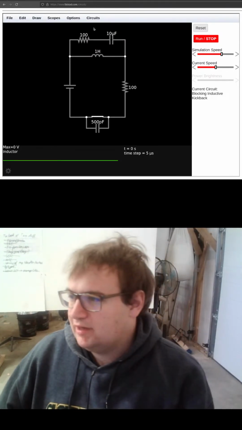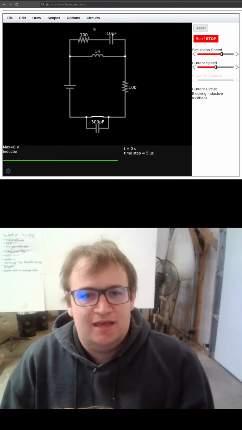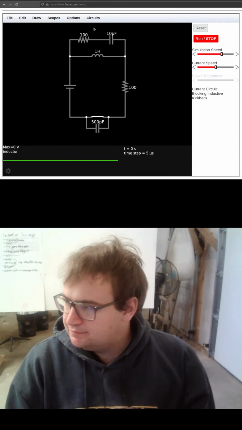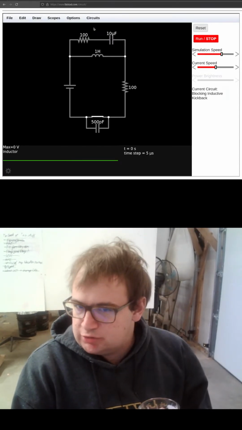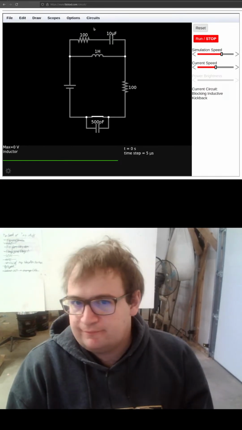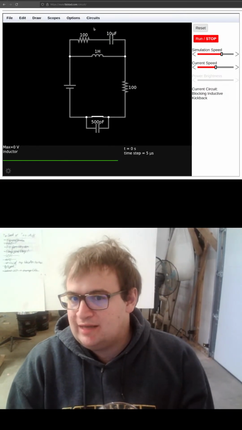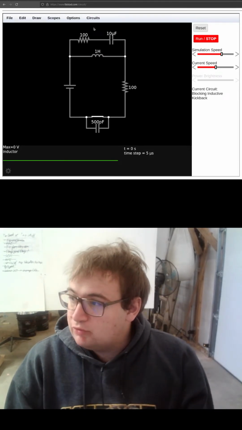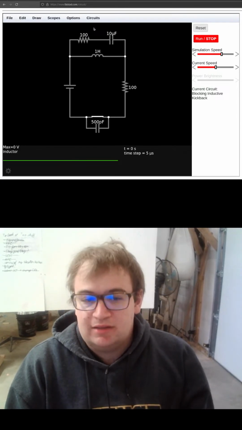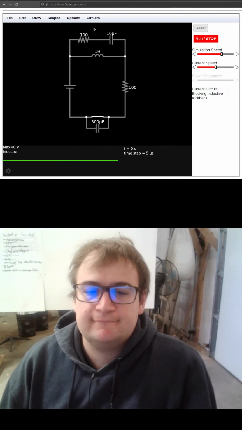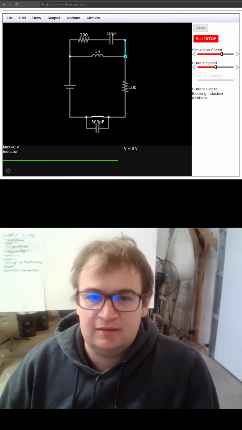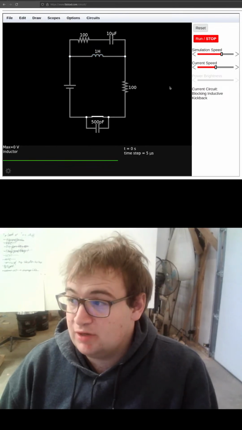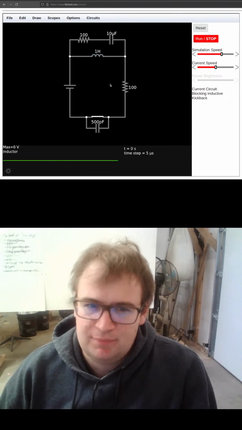What inductive kickback is, I'm sure they're going to talk about here somehow. I'll just have to work out how this circuit does that. An inductor is all charged up, and then all of a sudden you switch. You tell it, oh, you can't actually do the current that way. It sort of freaks out and it tries to launch the voltage way up to force the current through, because it really wants the current to stay the same.